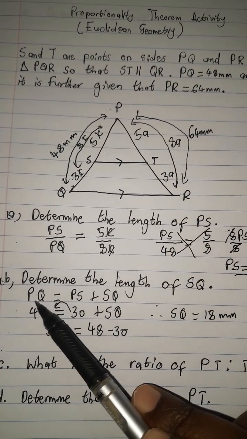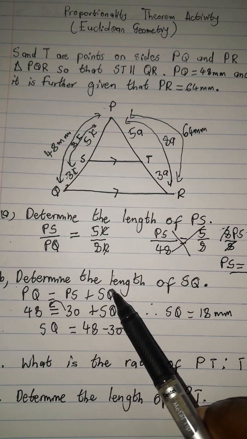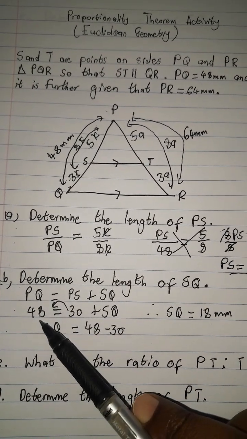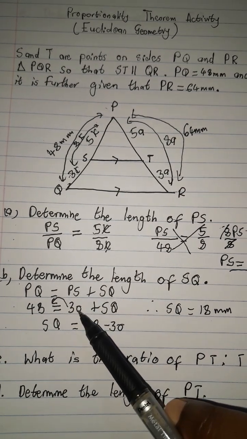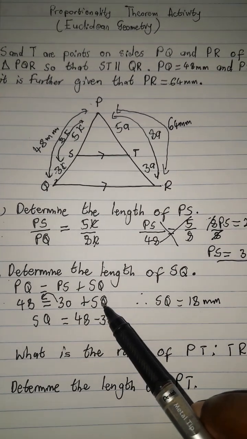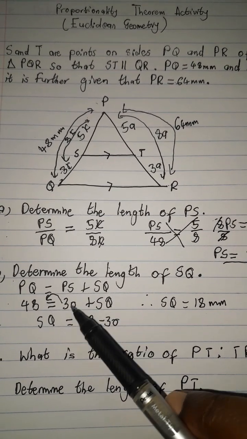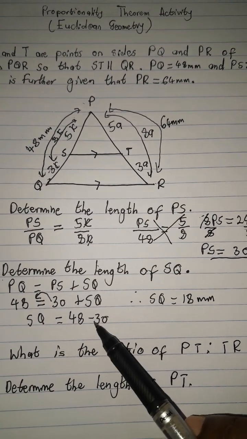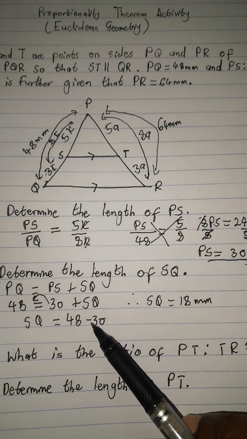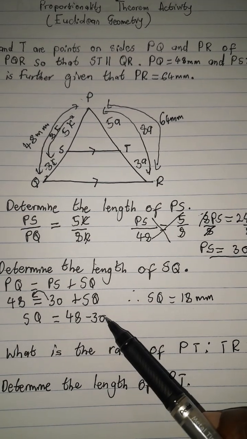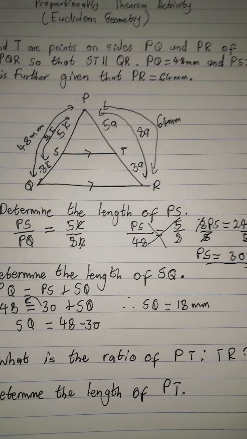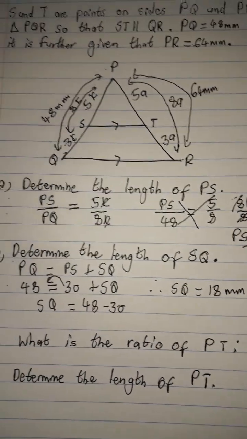Where there is PQ, I replaced by 48, and where there is PS, I replaced by 30. Because I wanted to find SQ as the subject, I transposed 30 to the other side, so you saw 48 minus 30, which gives you 18, right? I hope we are together in that case.